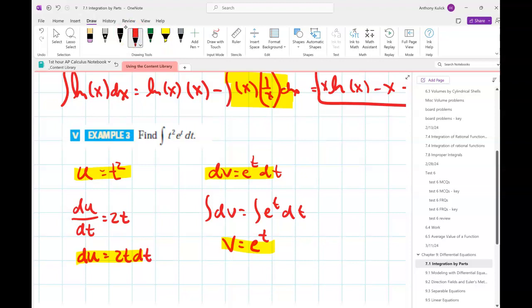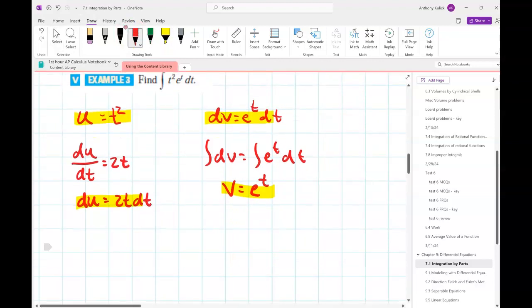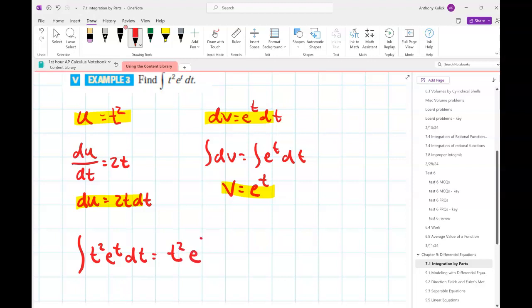So far so good. So I have u times v minus the integral of v du.